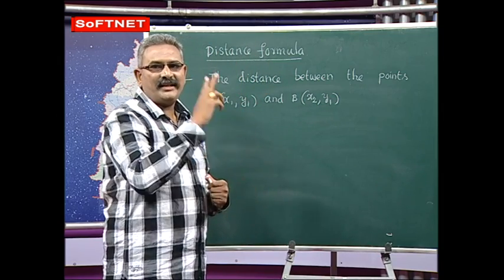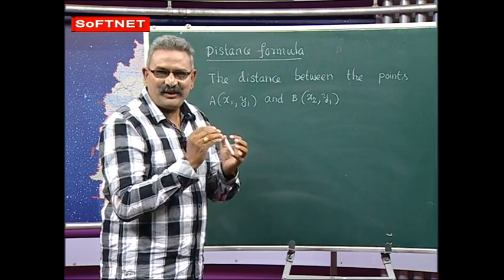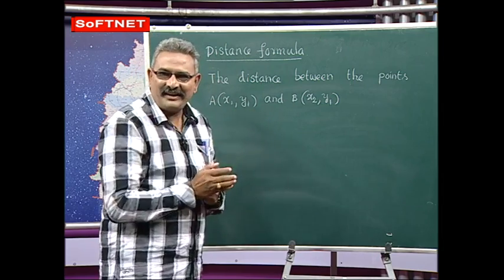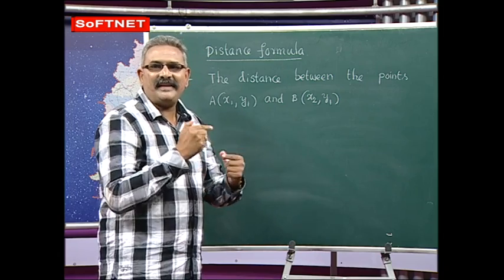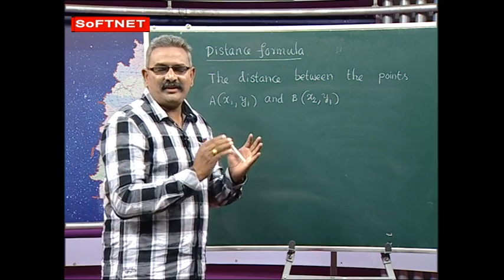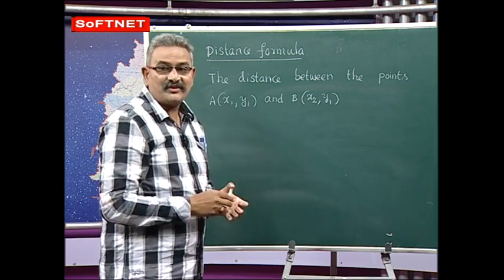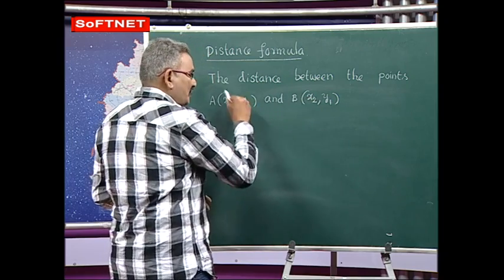As the y coordinates are equal, the distance between the 2 points is given by the modulus of the difference of the x coordinates, that is x2 minus x1.